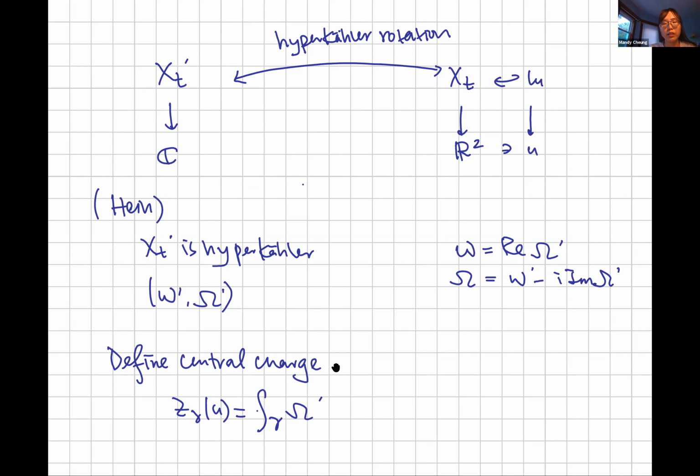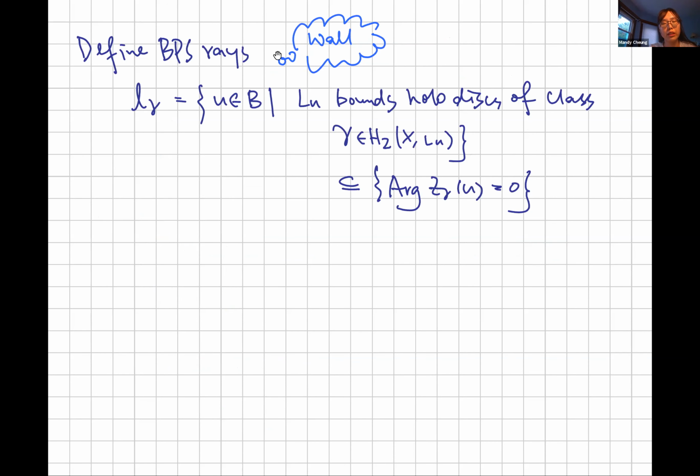And then let us define our wall to be the BPS ray that dictates the change of the holomorphic disk. But what you can see is that this wall actually lies inside the locus that is drawn by this central charge, which then we can see is affine.